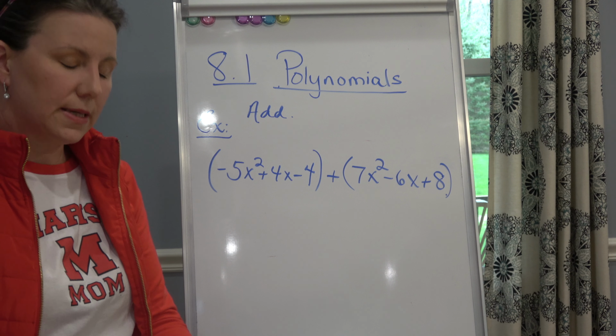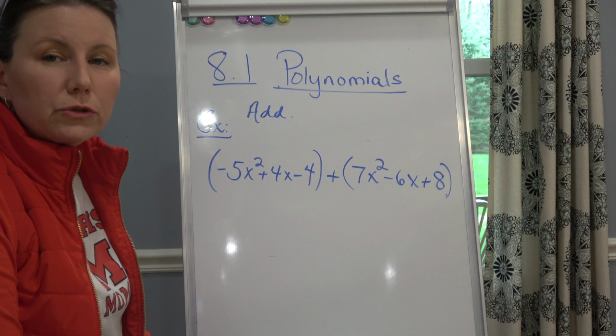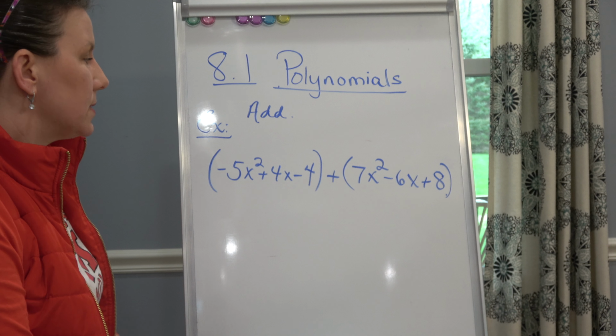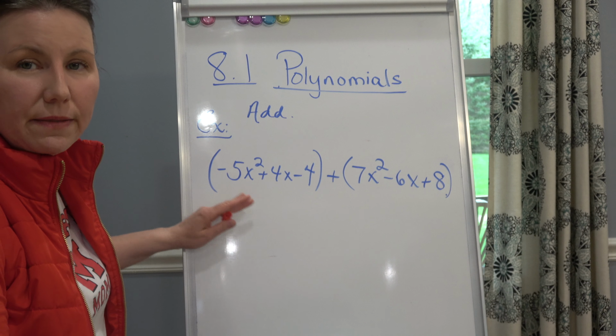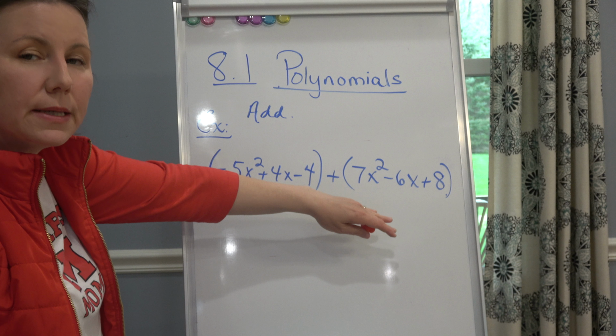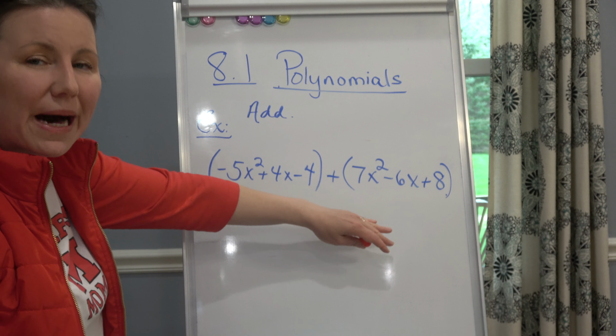Okay, as always, I would encourage you to use which strategy works best for you. Okay, so some people like to work horizontally. They can visually rearrange terms and combine like terms.